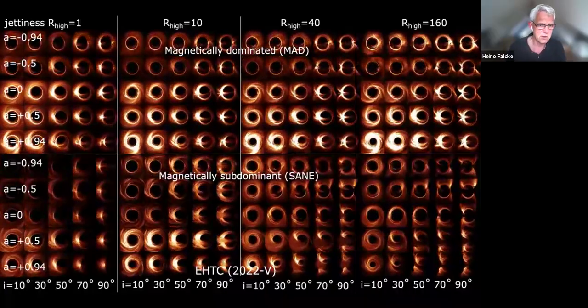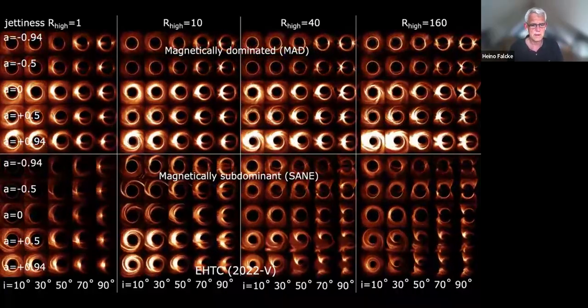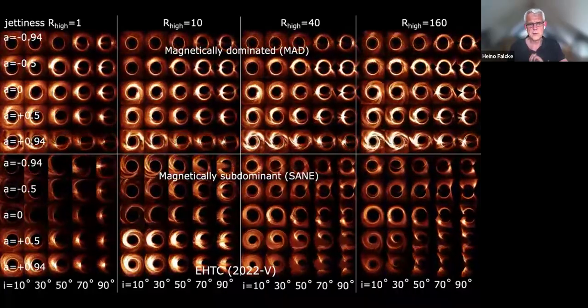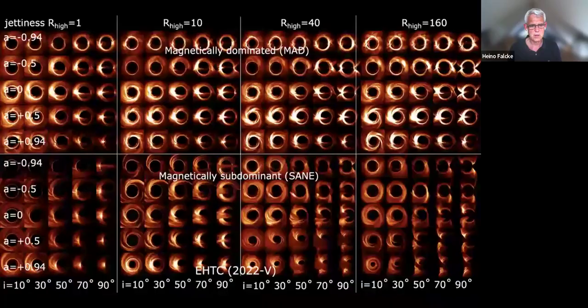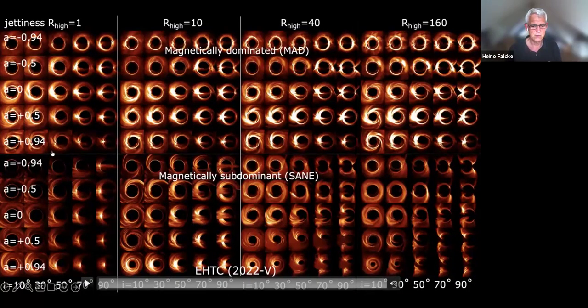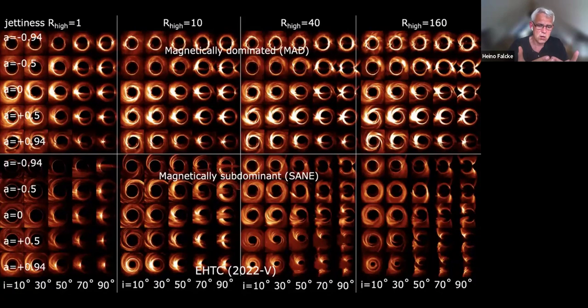They all show this shadow, and some of them fit our data better than others. And from that we can infer that likely we're in this regime of something that we are looking at face on.